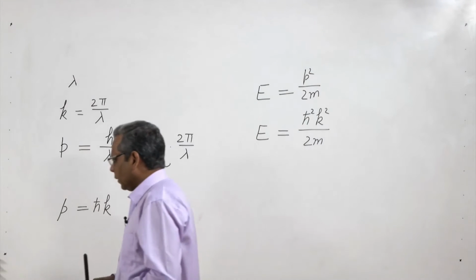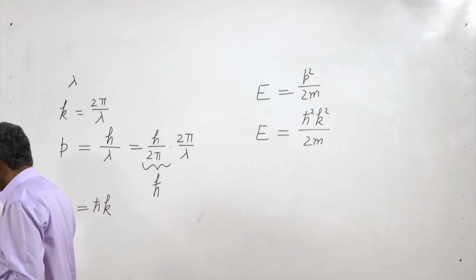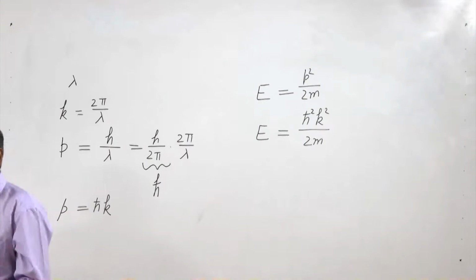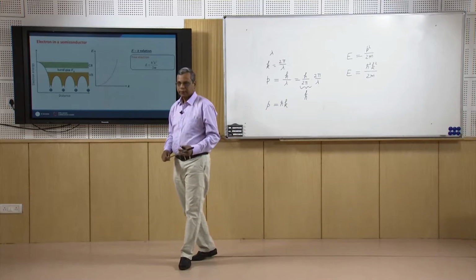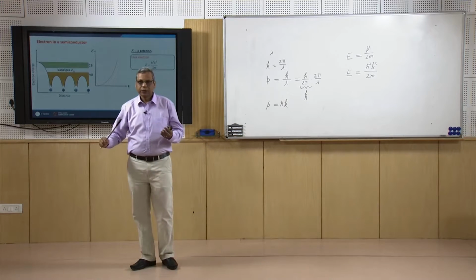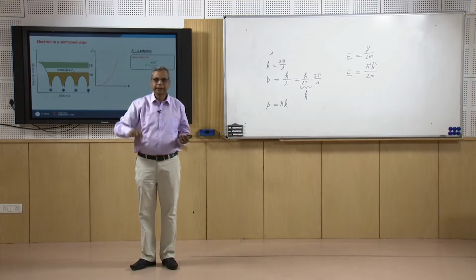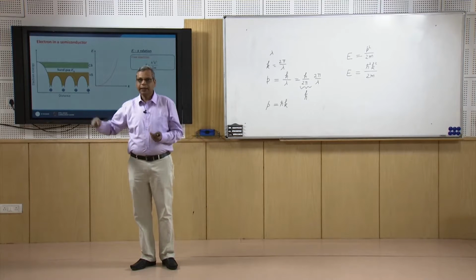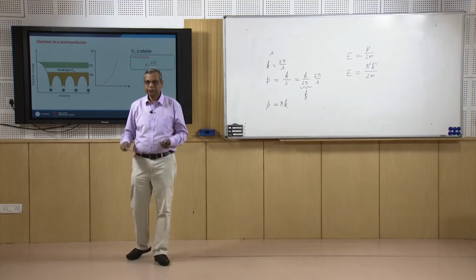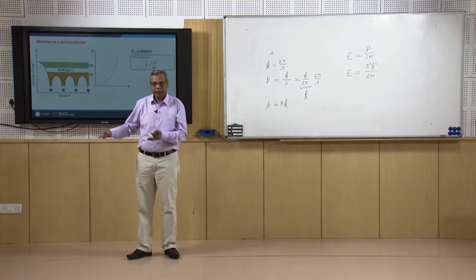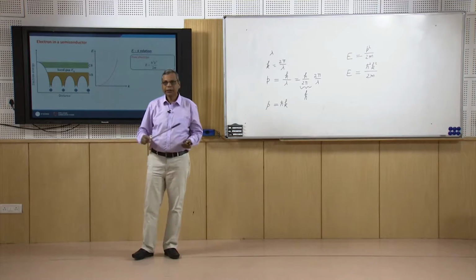In free space, any value of energy is possible, because the electron is not bound to have certain discrete energies, but it can occupy any energy. It is in free space or it is in constant potential.